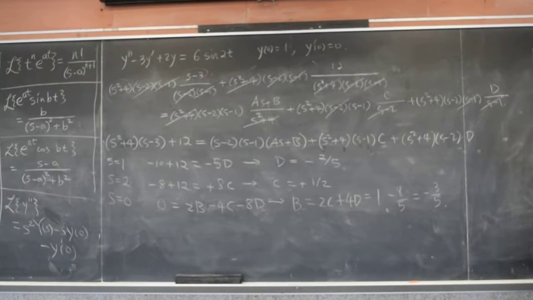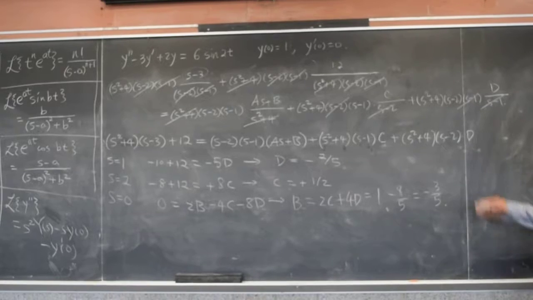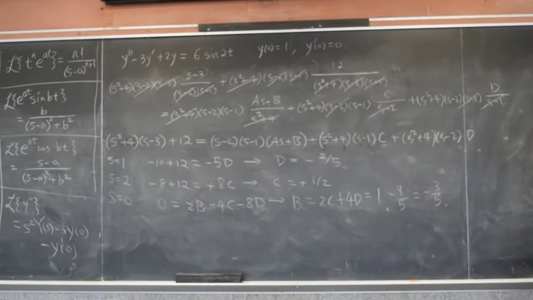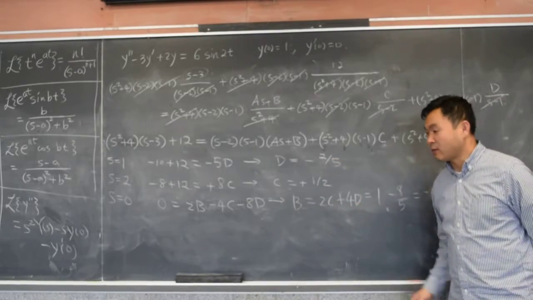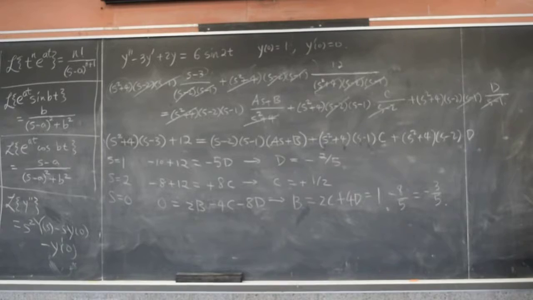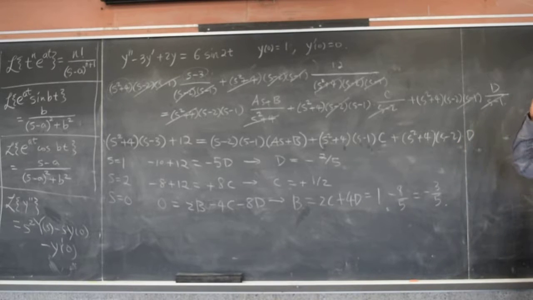See, I chose 0 and 1 and 2 because those are the ones that delete some variables, and you can just solve for the ones that survive. But then I need to find what a is, and there's not a good number to delete everything else.